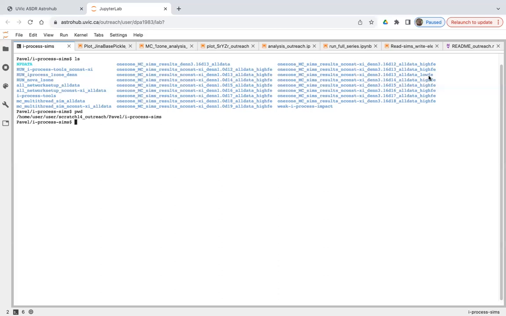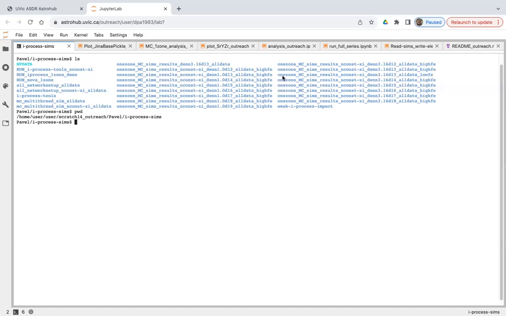Okay, and low of E means low iron abundance. Low iron abundance is appropriate for studying I process, relevant for CEMP-i stars. So low iron, high iron, let's not talk about this.